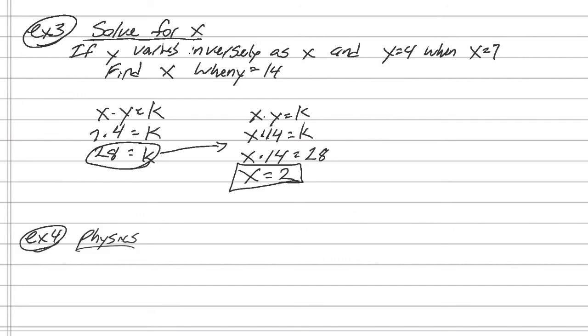Okay, for this next problem we're going to take a little example from physics and see how this applies to a quote-unquote real-world situation. So we're going to look at a balance beam here, and we're going to balance it on a point or a fulcrum, and we're going to put a weight on each side.